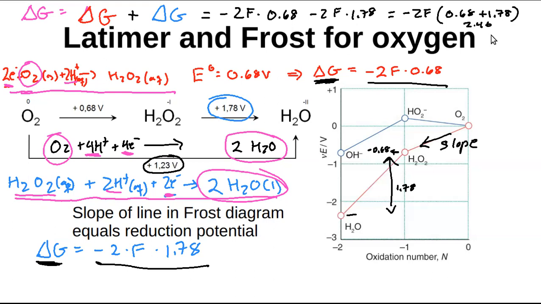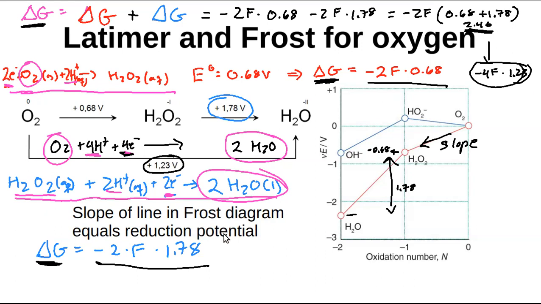And then if delta G is, now it was 4 electrons here. So if we say it's 4F times 1.23, it will be equivalent. This is half of the computed addition here.